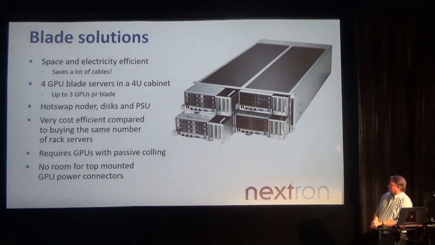So basically it gives you the flexibility of a setup of single servers, but at a reduced cost. So if you need a lot of servers, this is the way to do it to get the cost down. But just as with the normal rack servers, only for passively cooled GPUs.